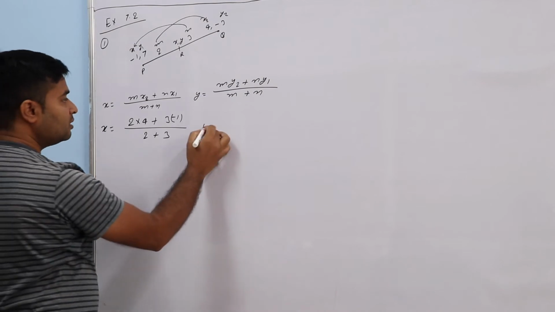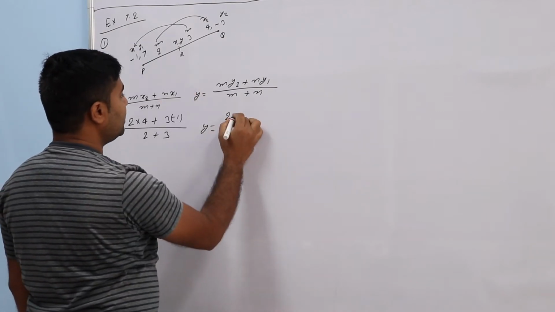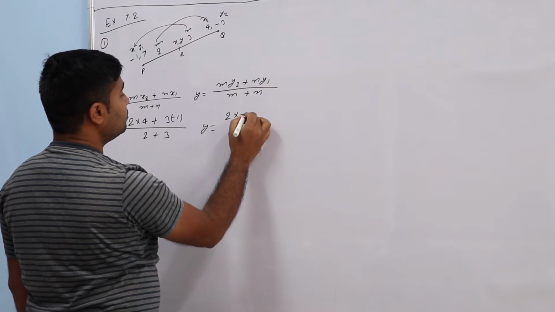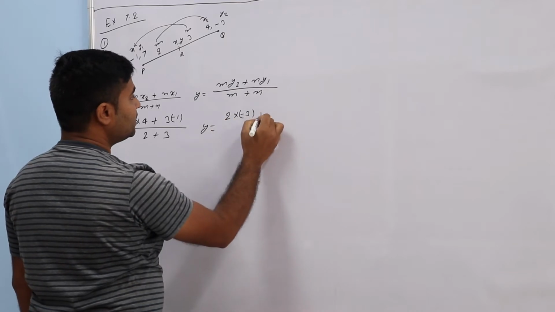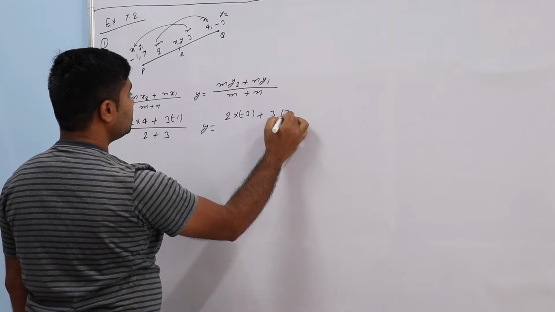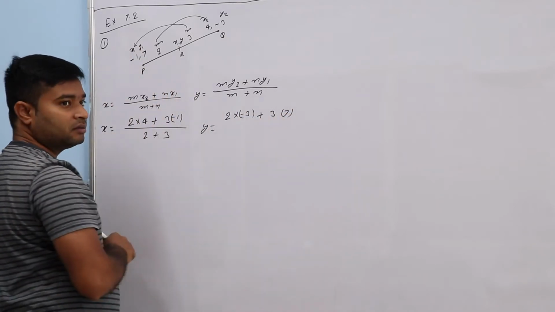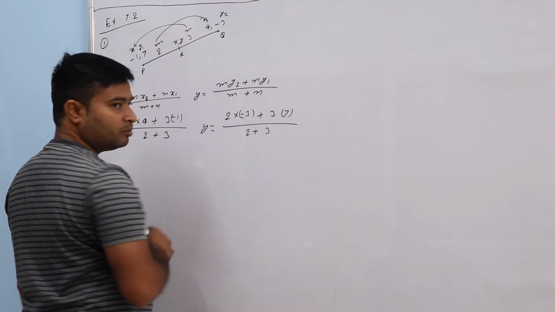Now y is equal to m is 2, y2 is -3, plus n is 3, y1 is 7, by m plus n, 2 plus 3.